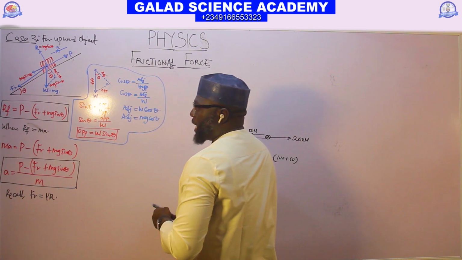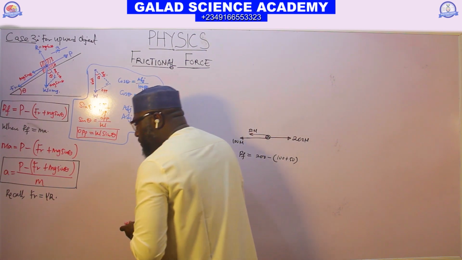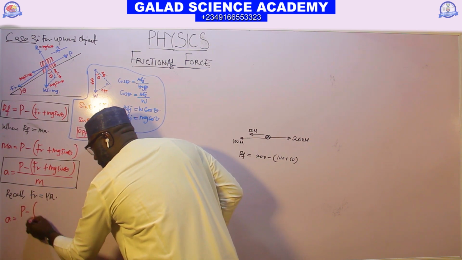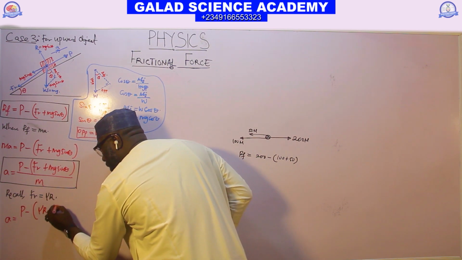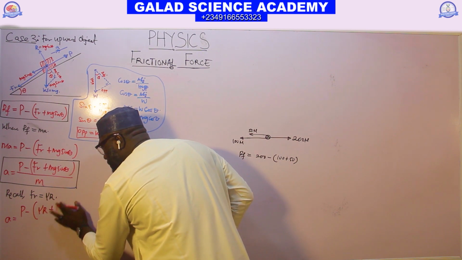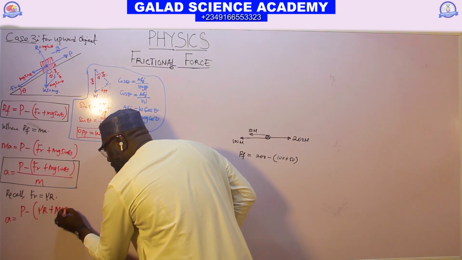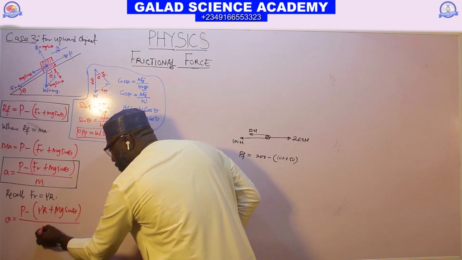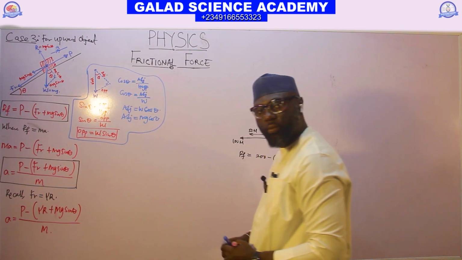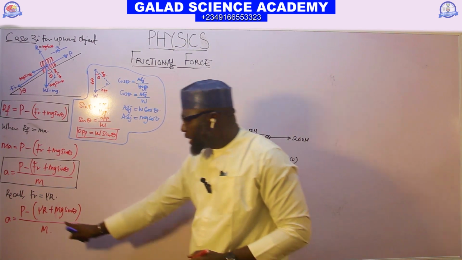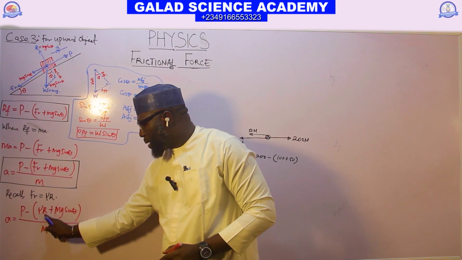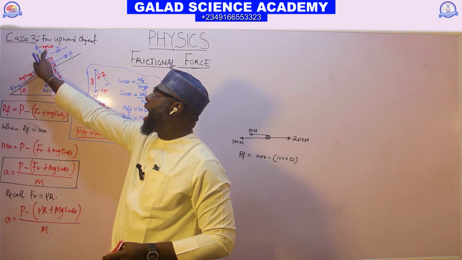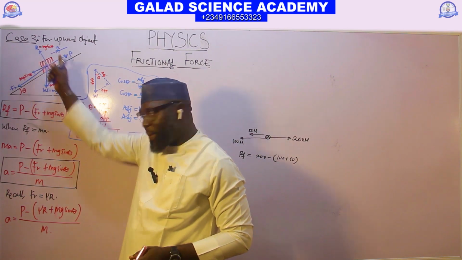So if you put it there, it will give us acceleration as the applied force minus mu R plus mg sine theta over mass. Here, R is the normal reaction.